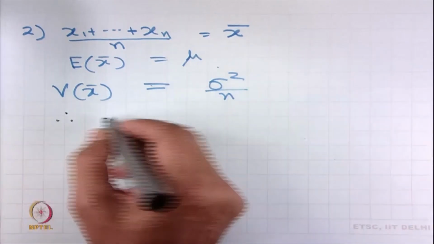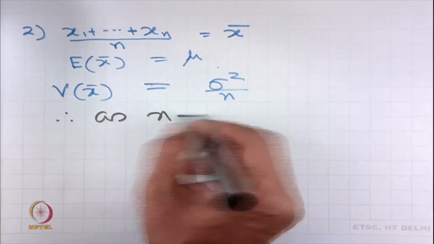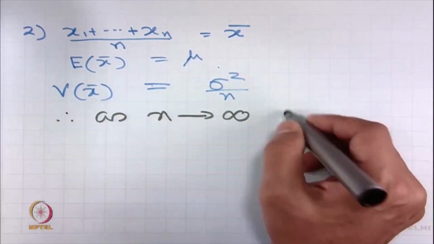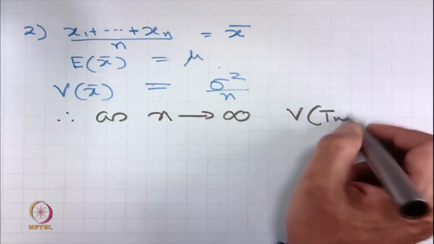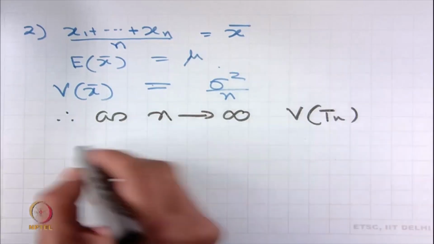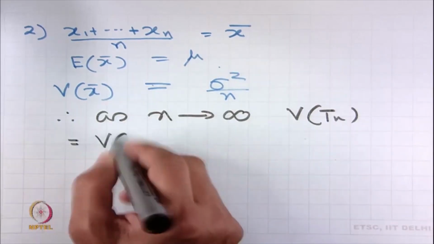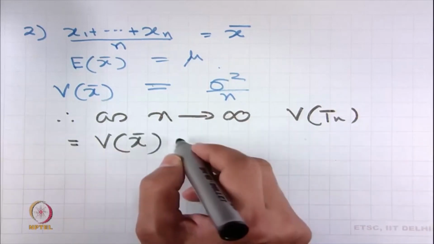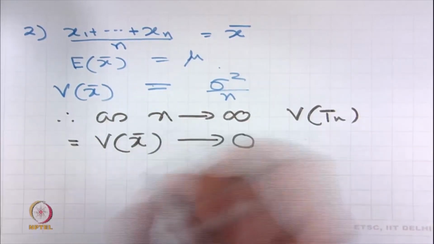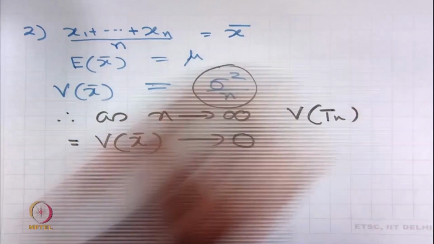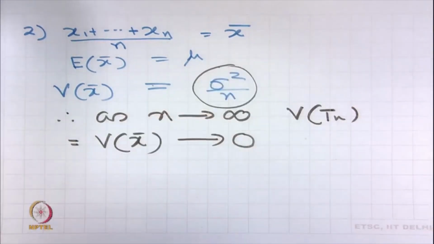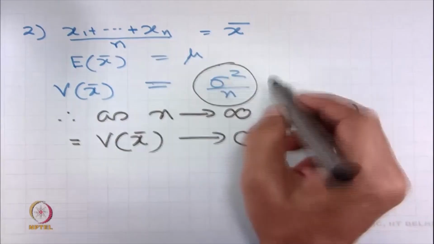Therefore, as n goes to infinity, variance of Tn, which is nothing but variance of x bar, goes to 0, because sigma square is fixed. Therefore, as n increases, this goes to 0.